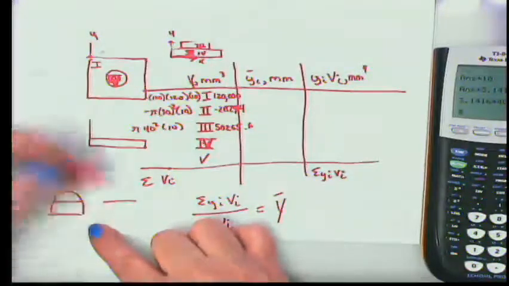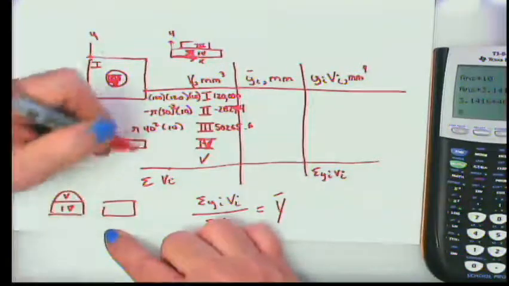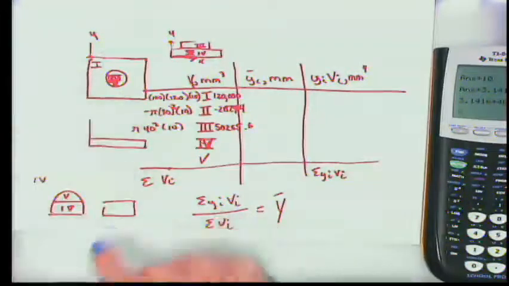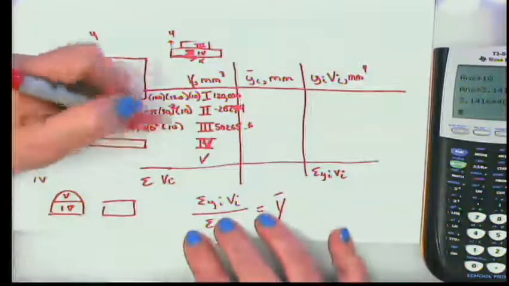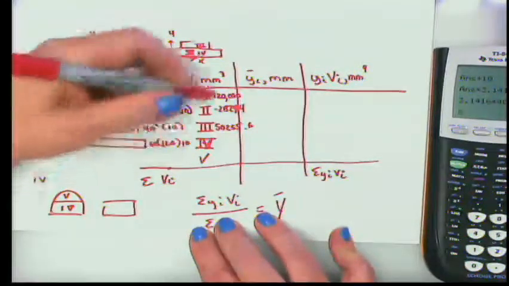We need to have a rectangle, which is this. This is 4, and so this is going to be 5. Okay? So 4 is going to be 60 times 120, right, times 10.